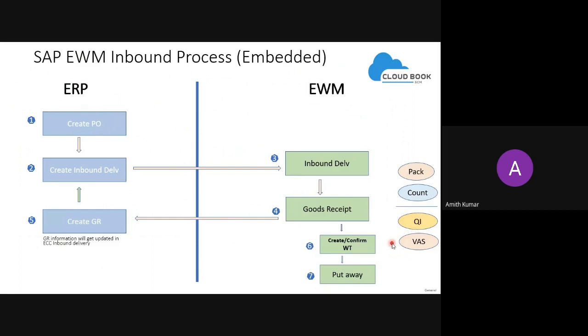Then some warehouses, or some business scenarios, will also have some additional requirements. Now let's say you are receiving the PepsiCo bottles, but before you actually store those bottles into your final putaway area, you need to apply some labels. For example, you are going to store those bottles in your warehouse for a few days, and then you are going to supply them to your Chinese customers.